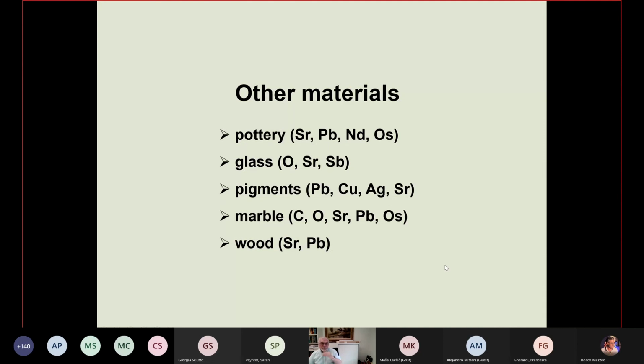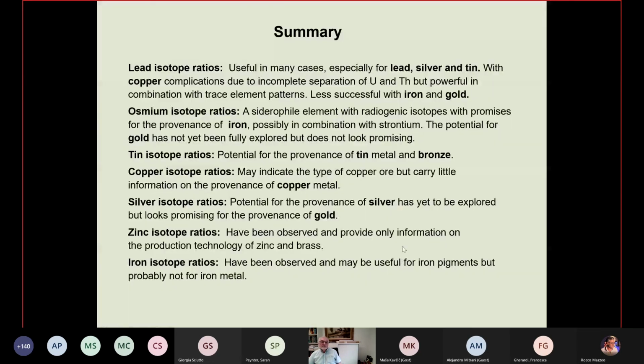We can, of course, use the isotope analysis for other materials like pottery, and it has been done: pottery, glass, pigments, marble, wood, and so on. And to come to a summary, we have now not only lead isotope ratios for lead, silver, tin, and copper.